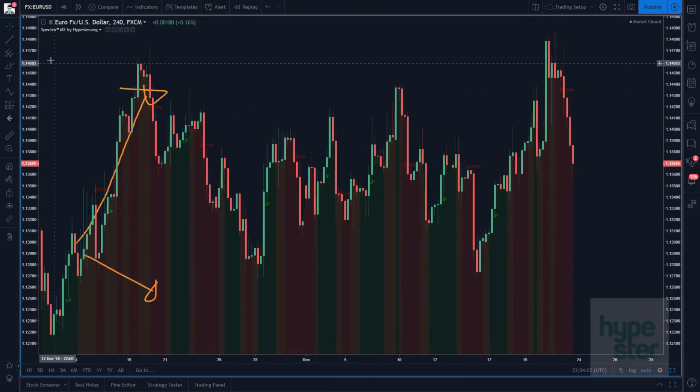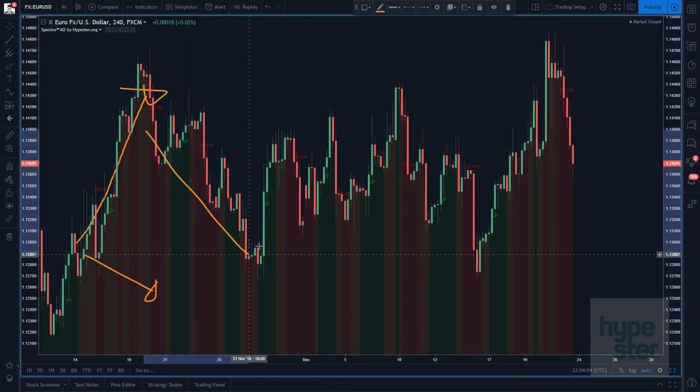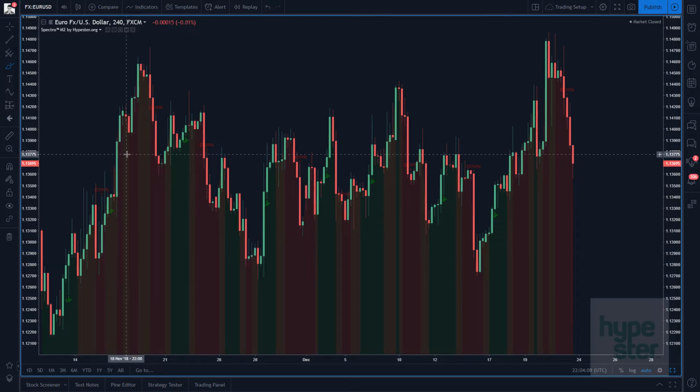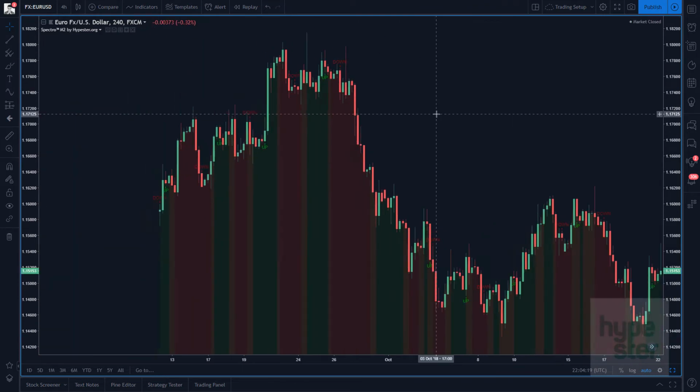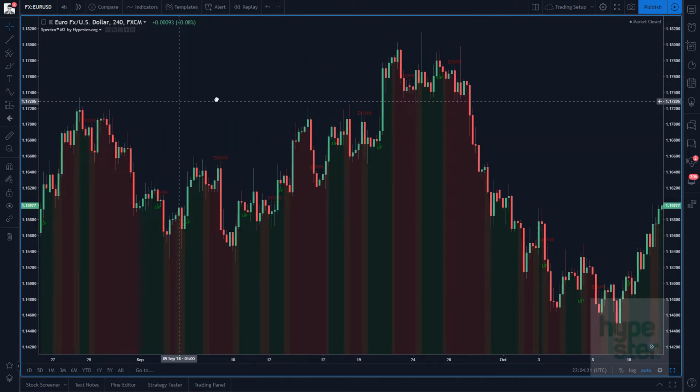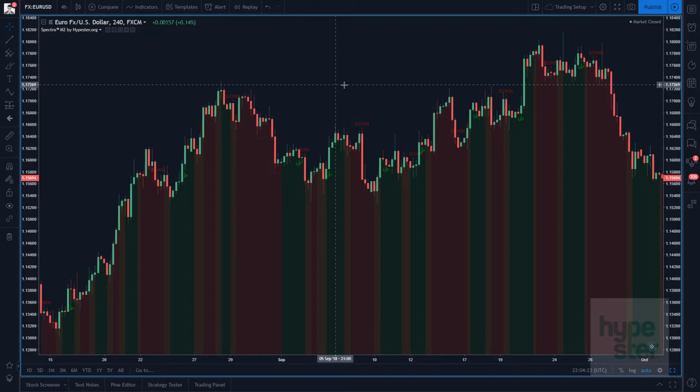You see? Like this. It's pretty much like an RSI bullish or bearish divergence. Let's see if we can find something else like that. Those are very rare to happen, but when they happen, at least you know what to do.